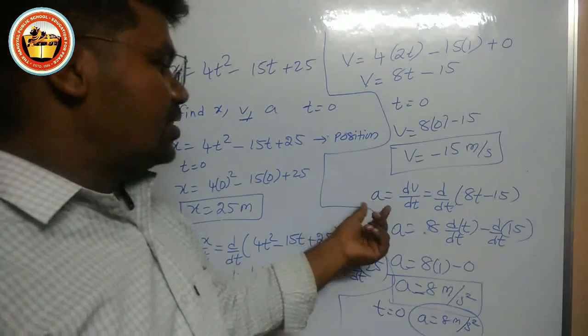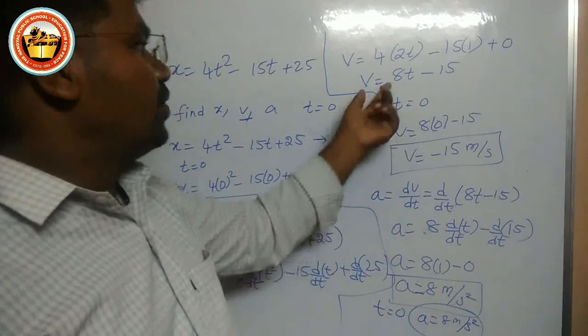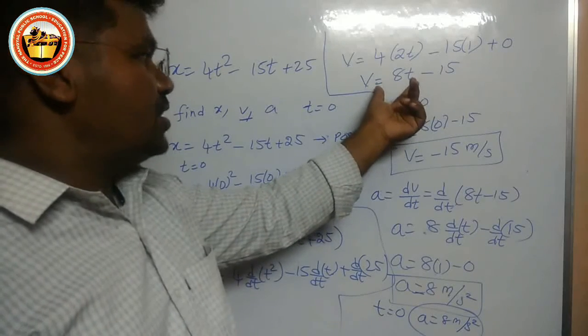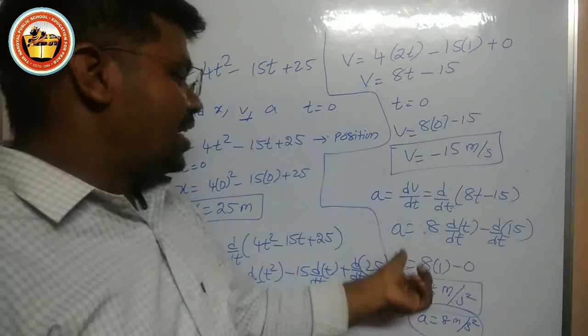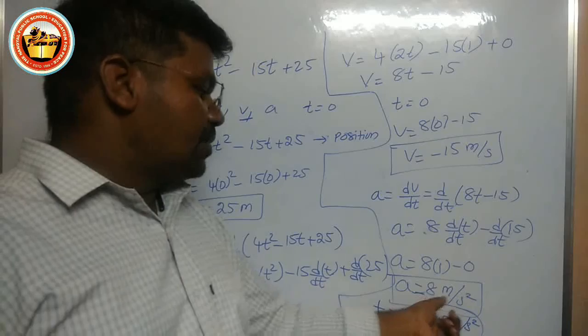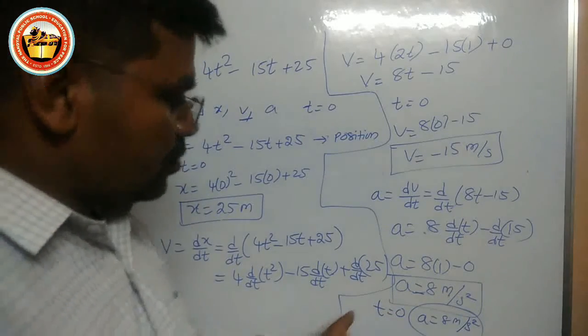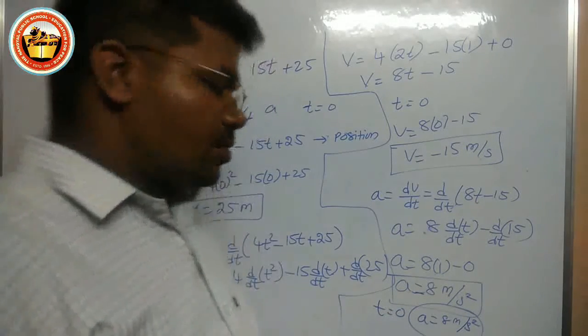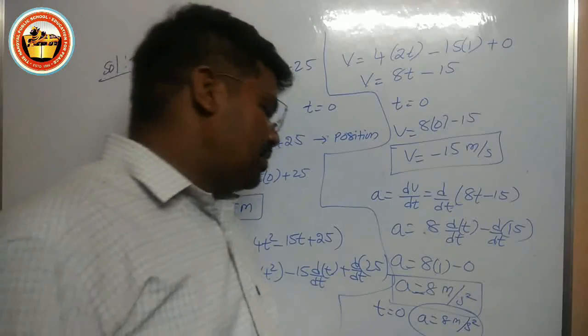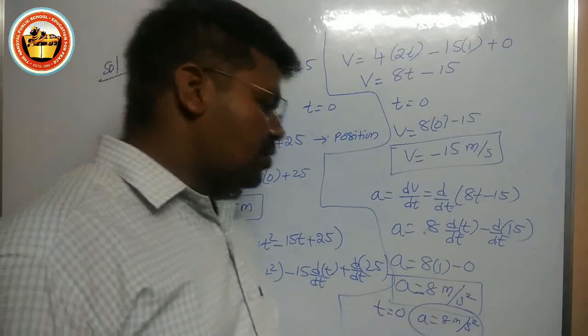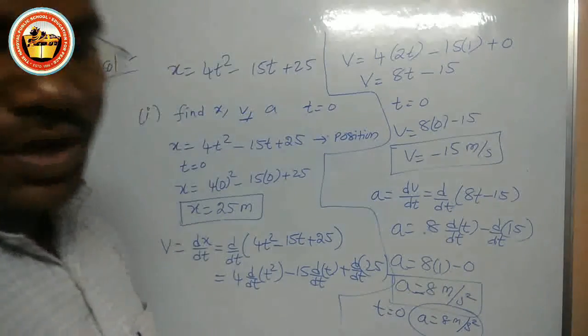After that, acceleration is dv by dt. Differentiating v, we get acceleration 8 meter per second square. At t is equal to 0 we get the same, it is independent of time here.